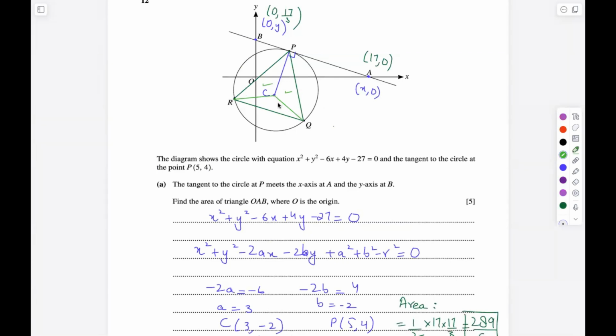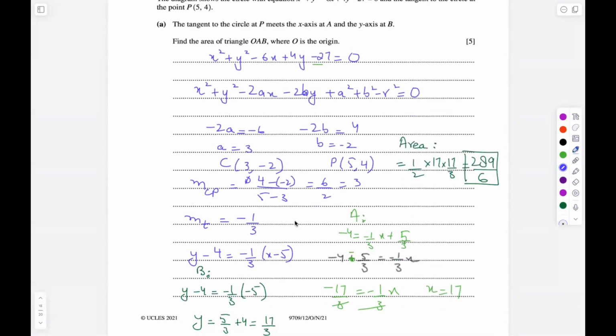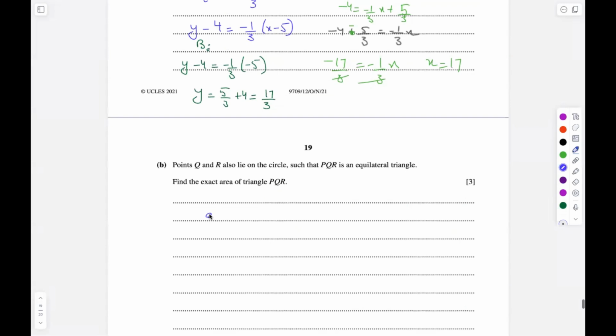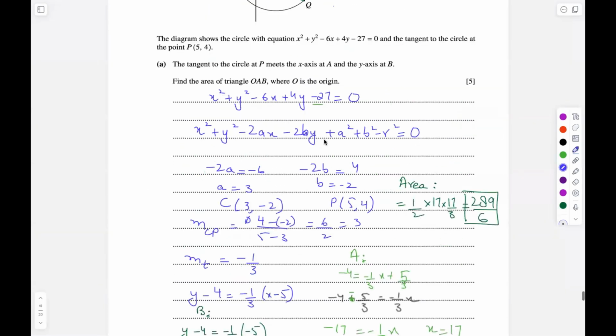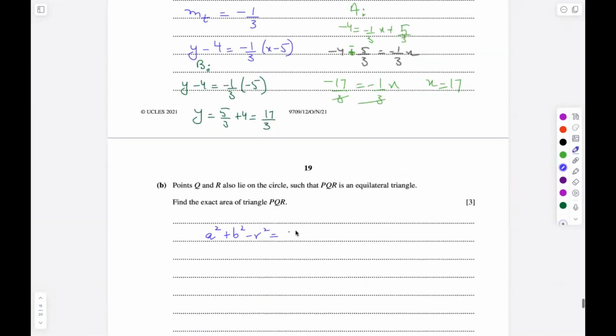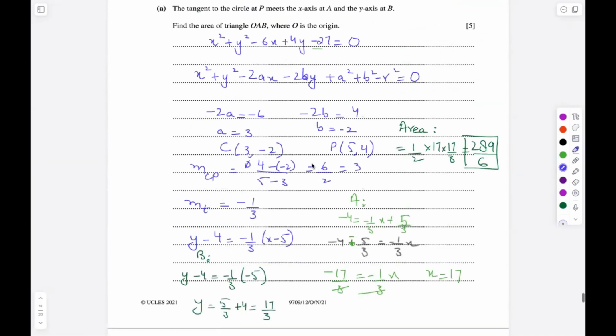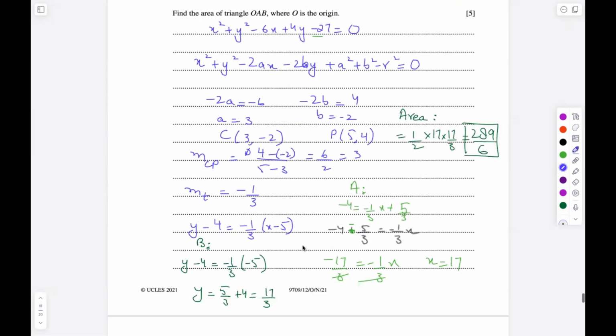Now, in the first step, we'll have to find the length of CQ. CQ is the radius, and we know that a squared plus b squared minus r squared will be equal to minus 27. We already have the values of a and b, which were 3 and minus 2.